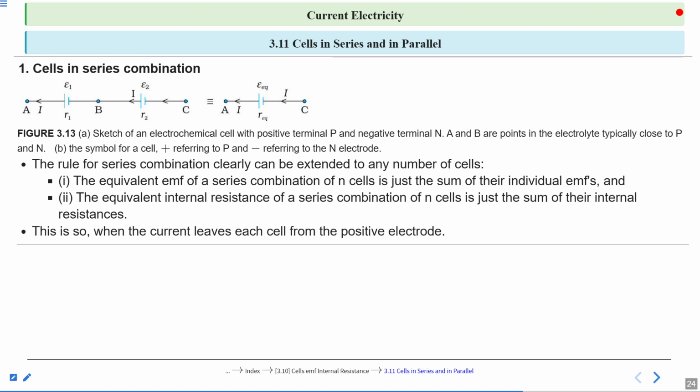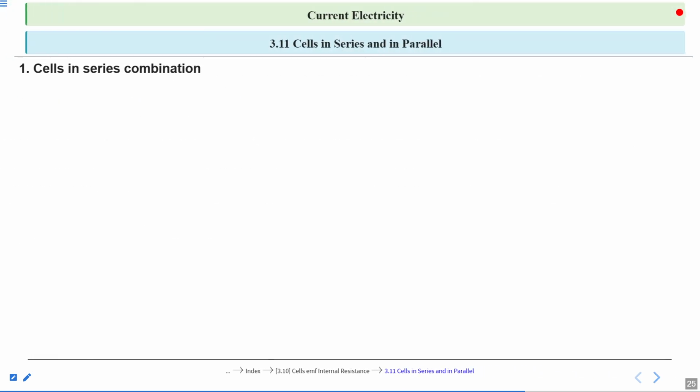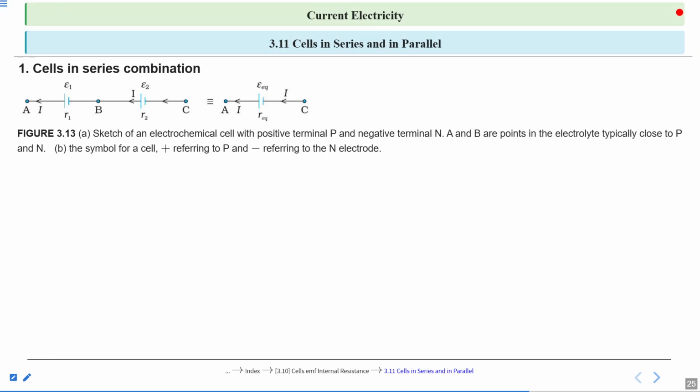If a cell is connected incorrectly in the circuit, that is, the positive terminal of one cell is connected with the positive terminal of another cell and the negative terminal with the negative terminal, then this connection is incorrect or opposite. Then the EMF will get a reverse sign.